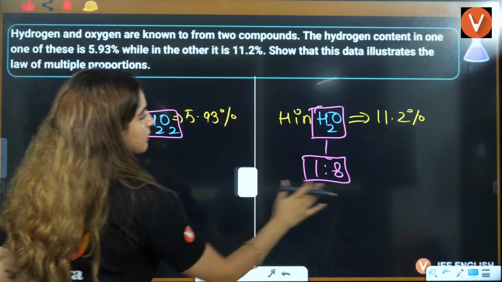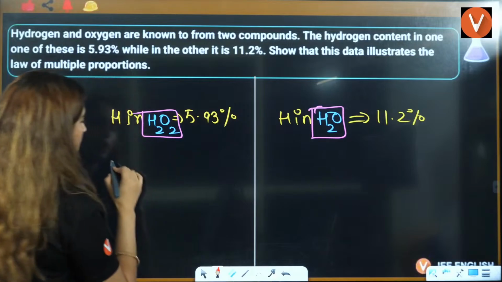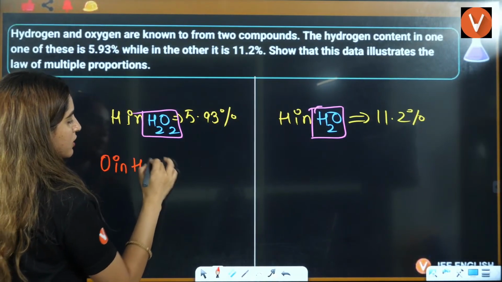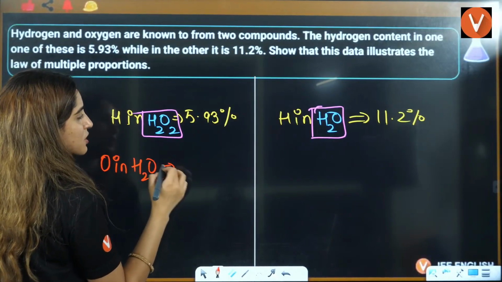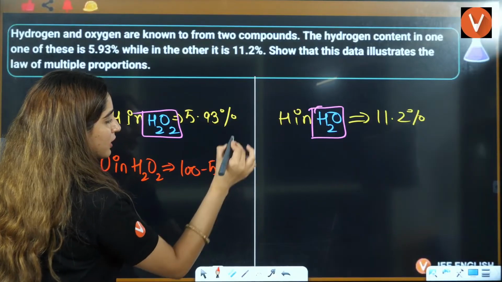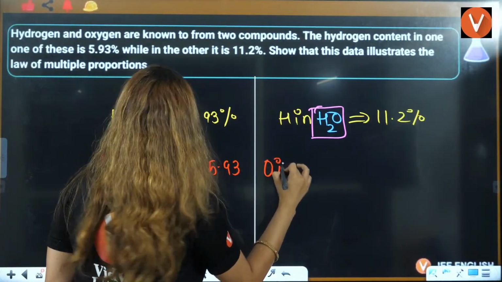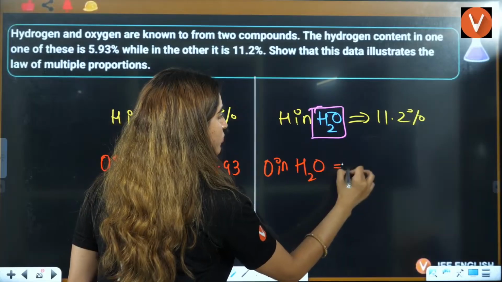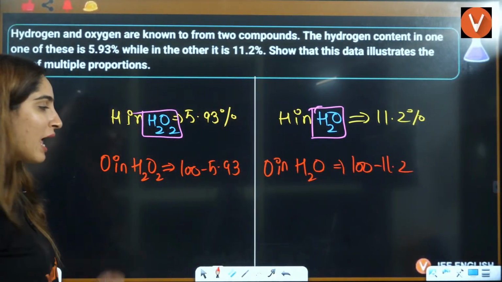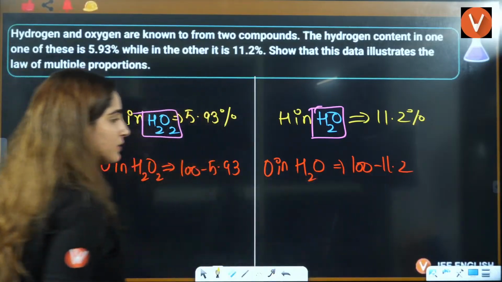Percentage of oxygen in H2O2 is going to be 100 minus 5.93. Oxygen in H2O is going to be 100 minus 11.2. And from that, you will apply the unitary method, right?